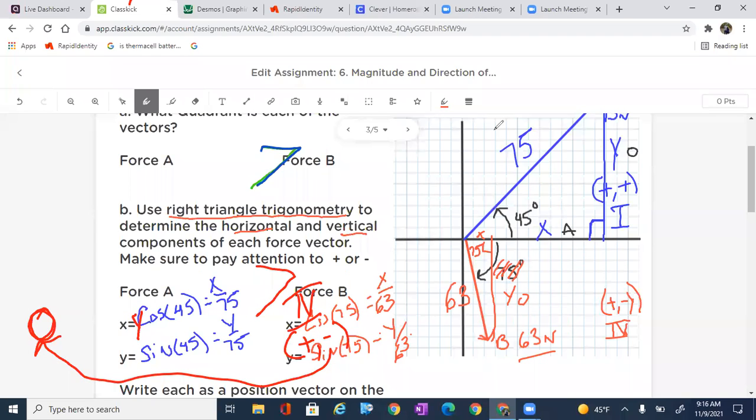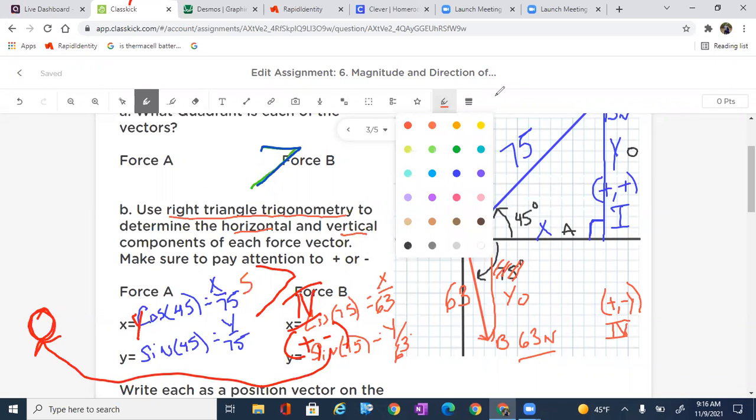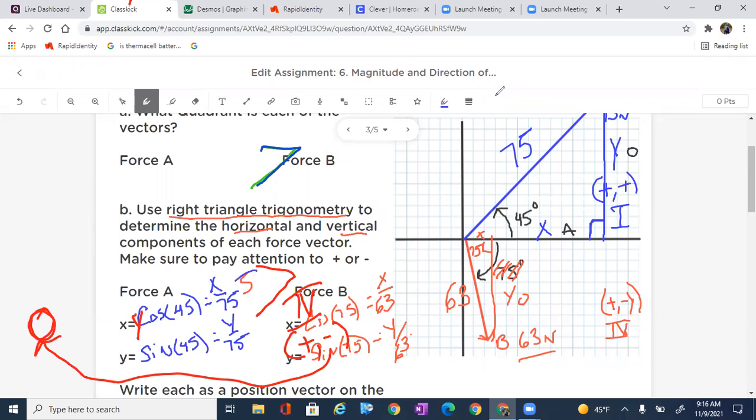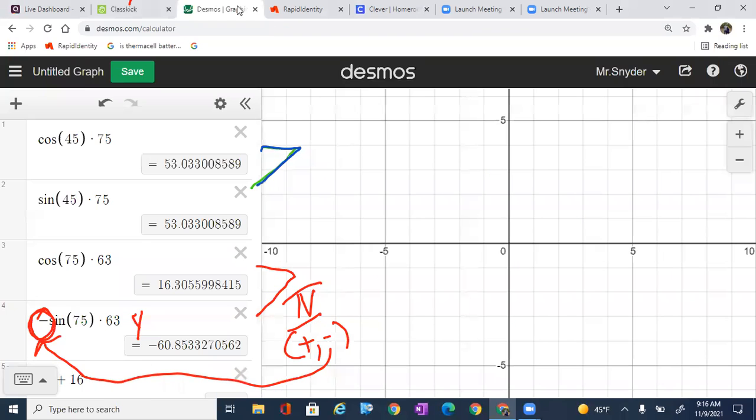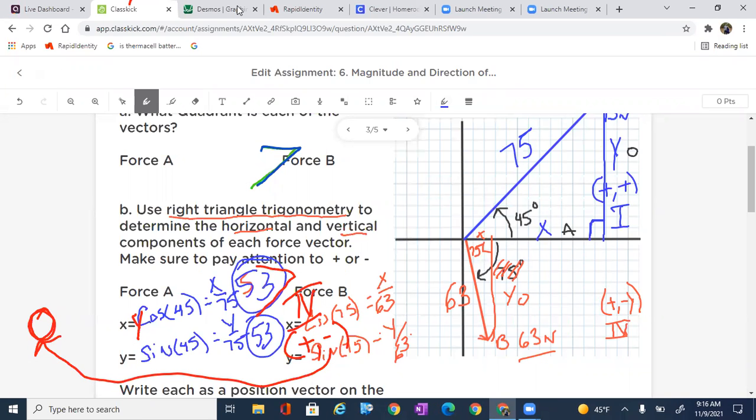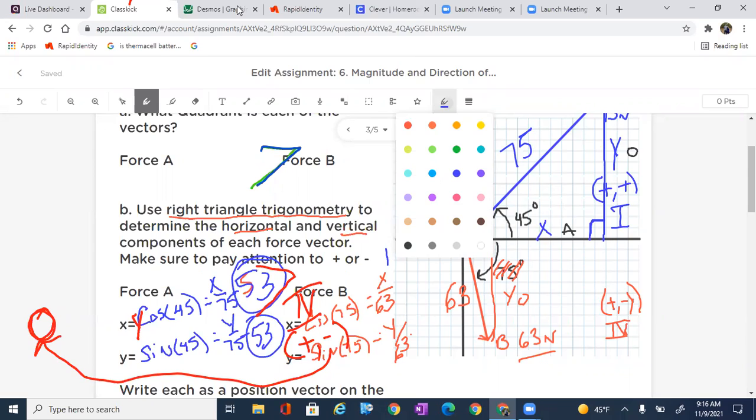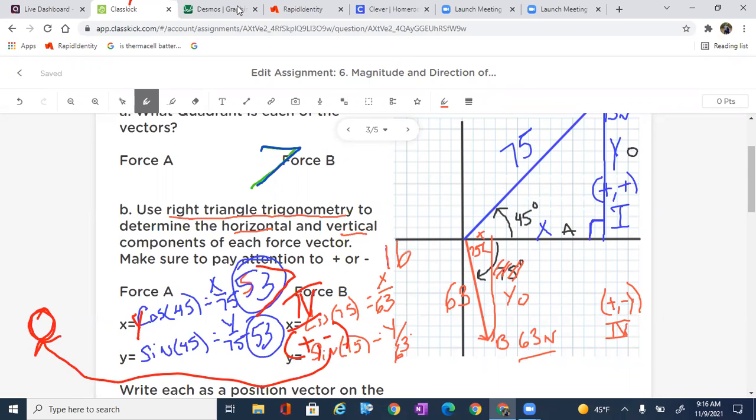This was 53, 53, and then we had 16 and negative 61. And I'm just rounding to the nearest whole number for ease on this.